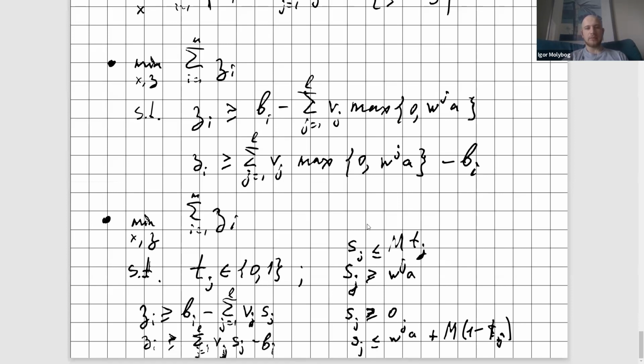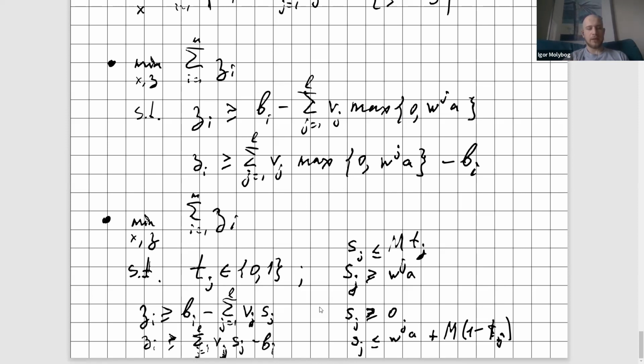So to linearize it, we would need to exploit binary variables. Binary variables that are telling us if the value of wja is positive or not. So which value, 0 or wja, we need to choose for each j. This variable is going to be called tj.